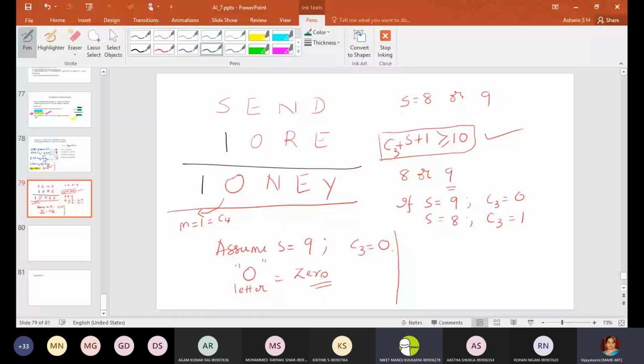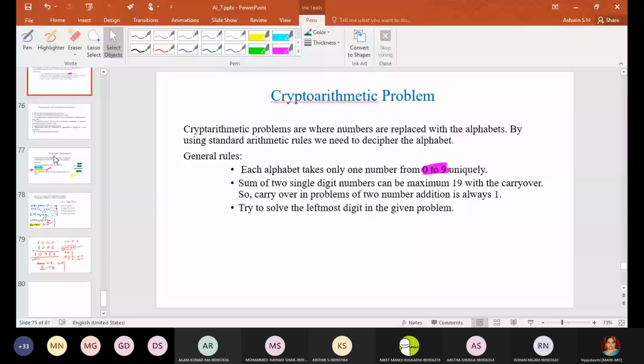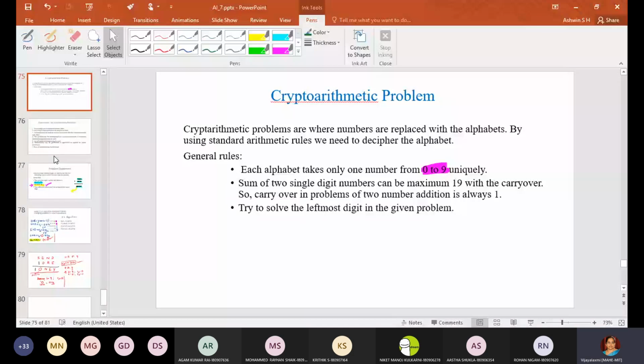If you do like that, the problem will get complicated, and when you write a program, it will not terminate fast. Normally in the rules, I've given in the previous slide, the carry over in problems of 2 number addition is always 1.